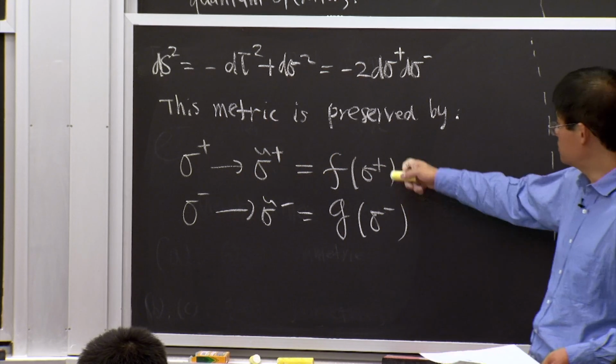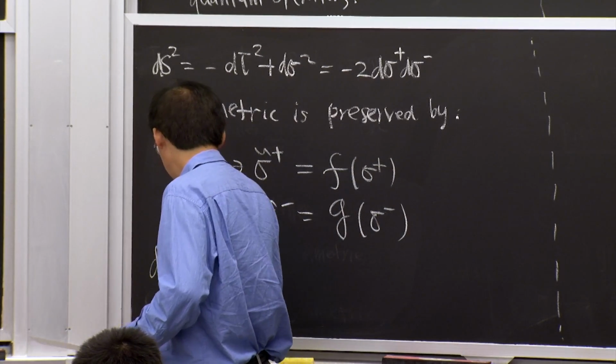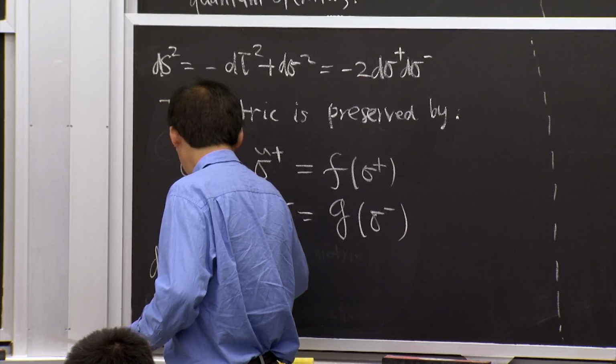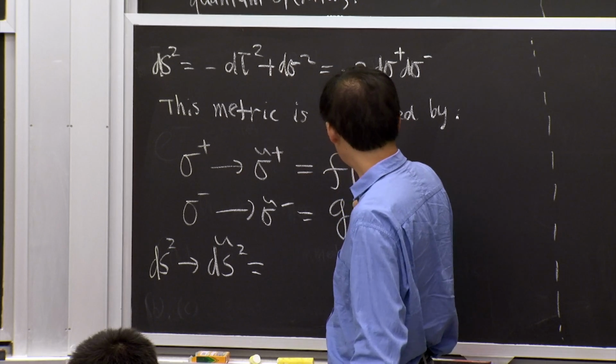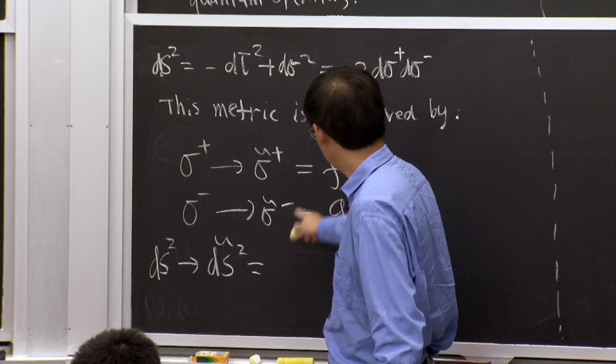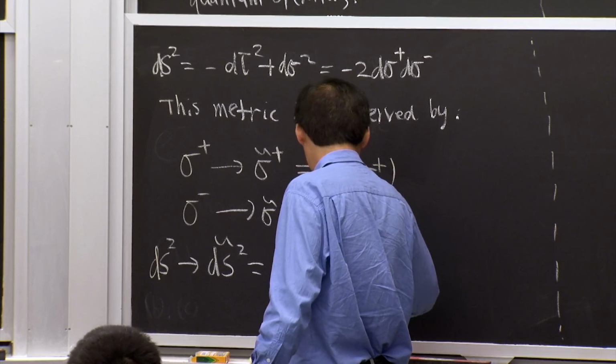If you plug this in, then under this coordinate transformation we get ds̃².